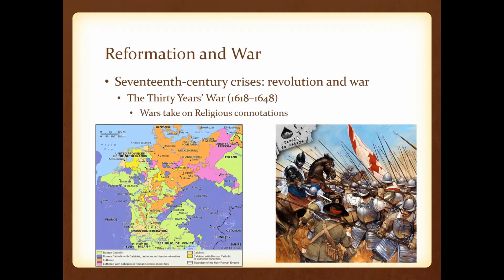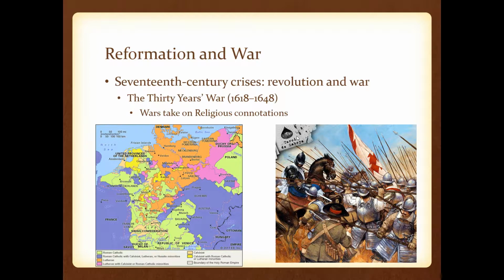The 30 Years' War is a war between Roman Catholic and Protestant forces. It is a war between England, France, and the German states. So wars begin to take an even more dangerous connotation as religion gets into it.